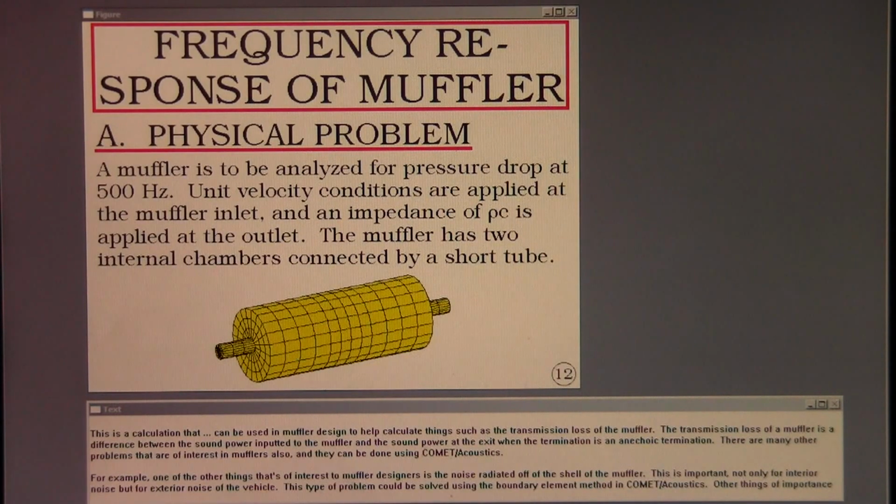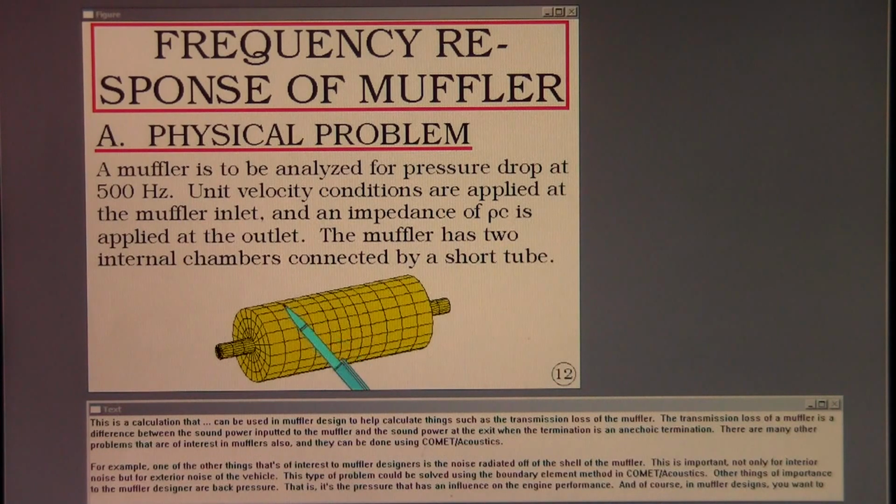For example, one of the other things that's of interest to muffler designers is the noise radiated off of the shell of the muffler. This is important not only for interior noise, but for exterior noise of the vehicle. This type of problem could be solved using the boundary element method in COMET acoustics.